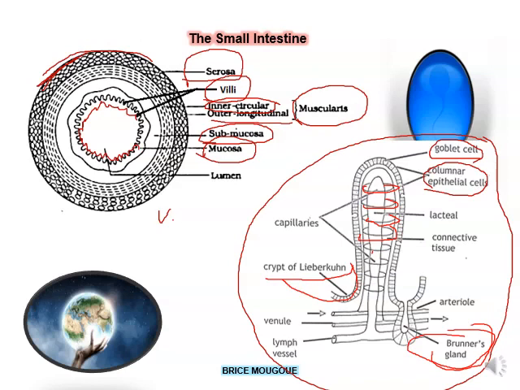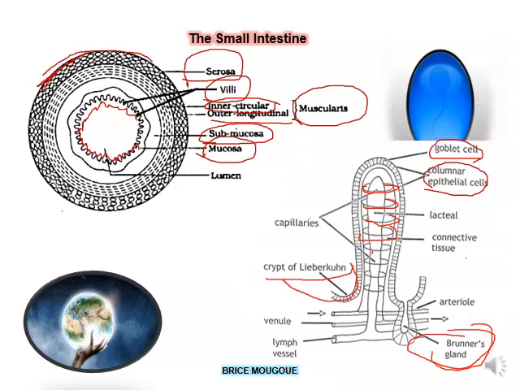The mucus is helpful in lubricating, making slippery the internal parts of the small intestine. The alkaline is the opposite of acid. The alkaline in the small intestine is there to protect it against the acid from the food that comes from the stomach. When the stomach releases food, the acid chyme enters the small intestine, so the alkaline helps protect the small intestine against corrosion and damage from the acid.